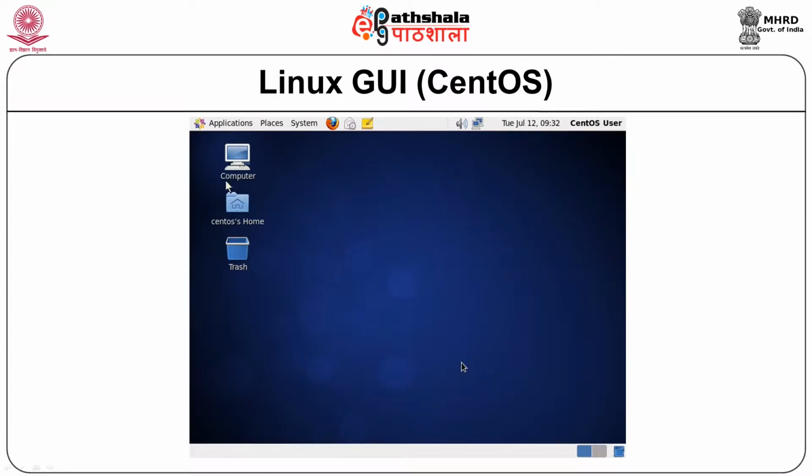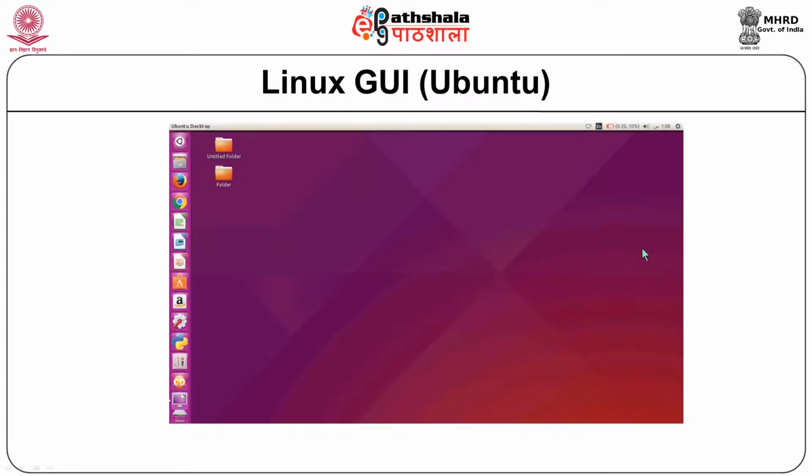Let us see the next desktop. This is the desktop provided by Ubuntu. It is somewhat different. You can see the applications, they are over here in the left pane. There are folders, there is a similar bar which contains some other information.